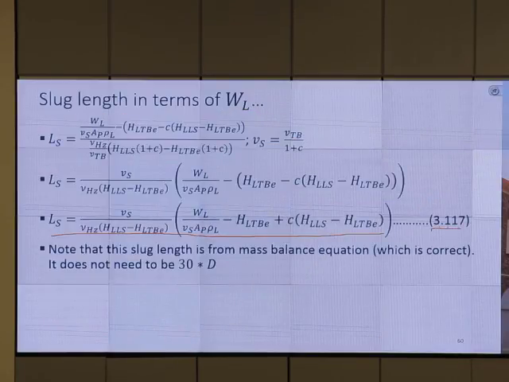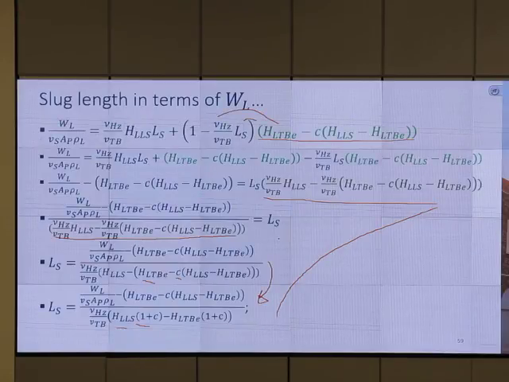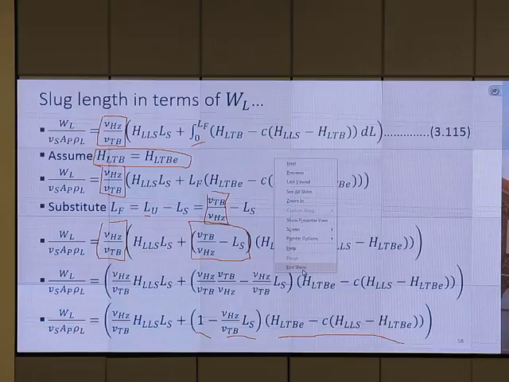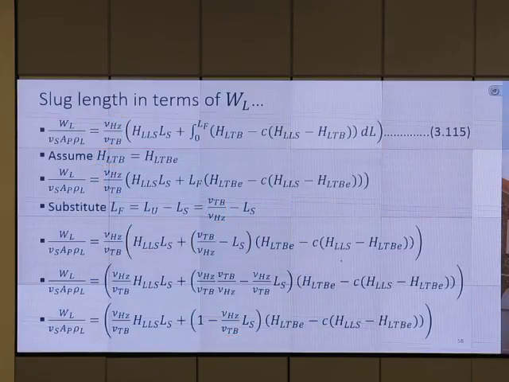3.117, does it have film length? Film length is gone somehow. How do we remove the film length? We use this, LU minus LS.